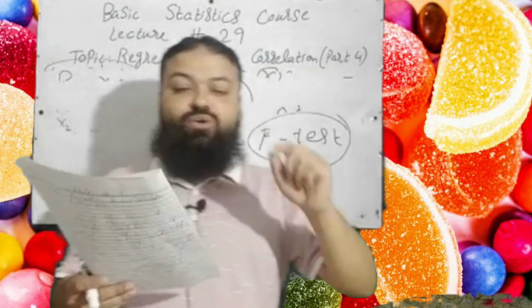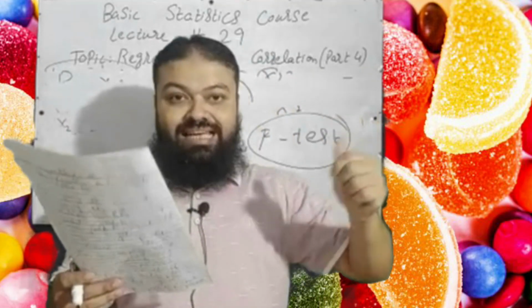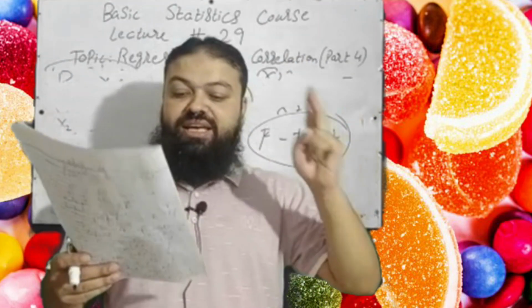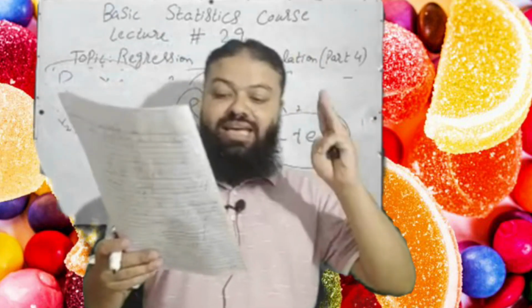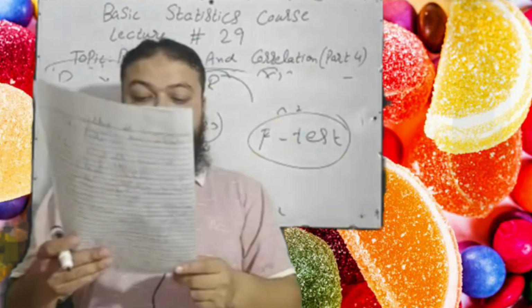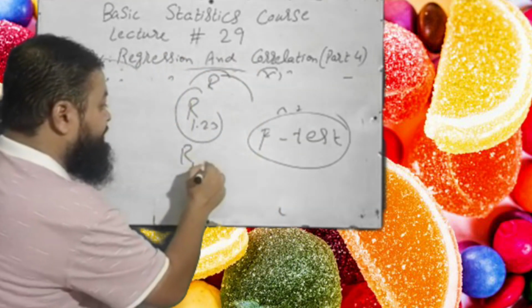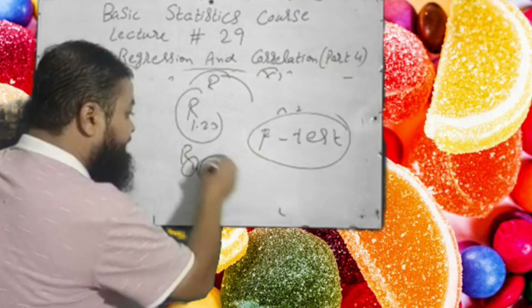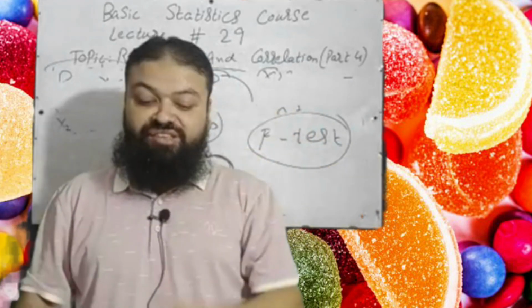If the multiple correlation coefficient R1.23 is equal to 0, then A, x1 is uncorrelated with x2 only, incorrect. B, x1 is uncorrelated with x3 only, incorrect. C, x2 and x3 are uncorrelated, incorrect. D, x1 is uncorrelated with both. R1.23 equal to 0 means x1 is uncorrelated with both x2 and x3. That is the concept.